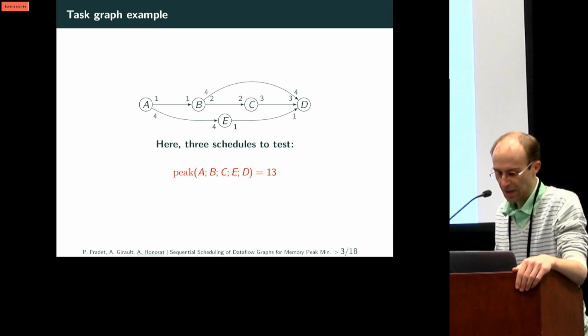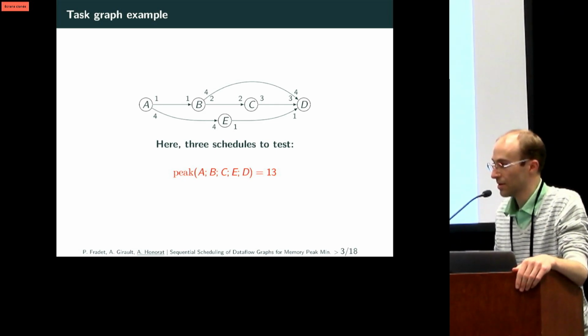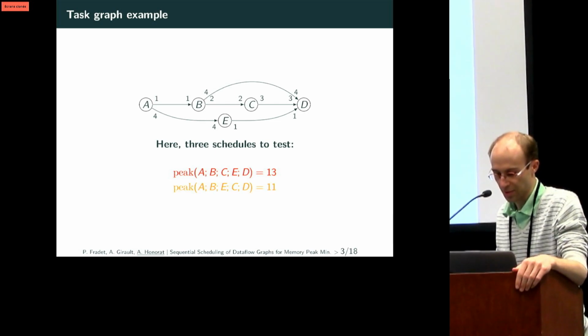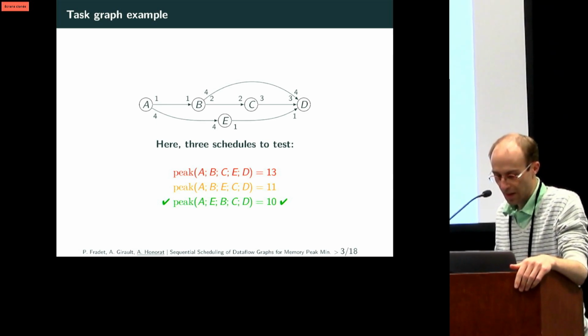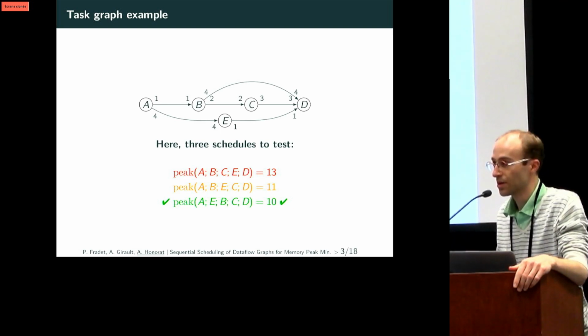If we interleave node E between C and D, then the peak will be 13. I will not detail the computation, but if we move it between B and C, then it's only 11, and it's actually even only 10 when we execute node E between A and B. Here we have an intuition, which is that node E consumes more data tokens than it produces. So we want to execute it as soon as possible.